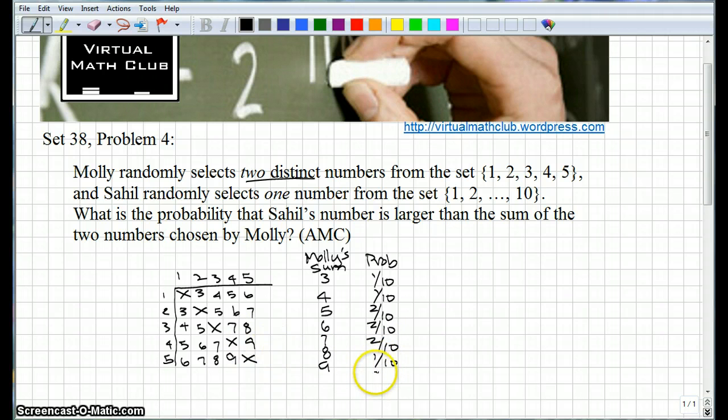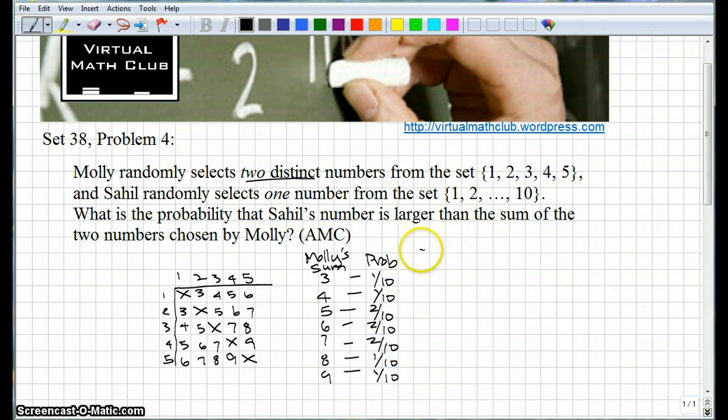And 2 ways to get 9, which is 1 out of 10. I haven't got these lined up very well, so I better rewrite these so they actually line up. So this is 8, and this is 9, and these all go across. Now we have the probabilities of Molly's sum.